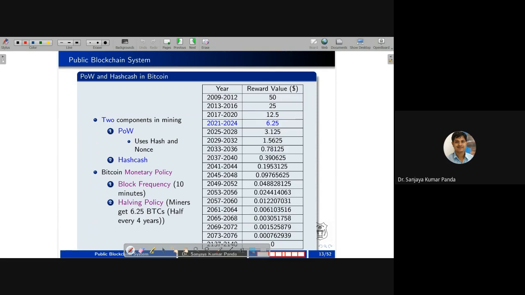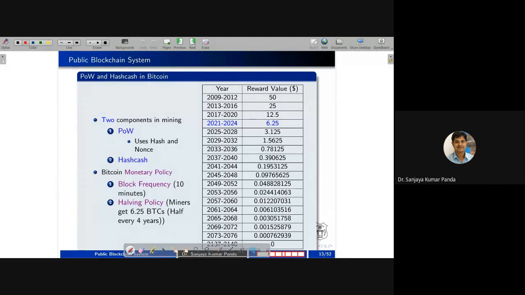One is called block frequency, another is called halving frequency. Okay, so monetary policy says that if you go for block frequency, a block is created in each and every 10 minutes. And in order to validate also, it requires 10 minutes. That is called frequency. In each and every 10 minutes, we are doing that kind of processing.